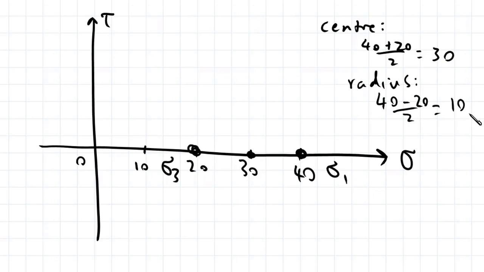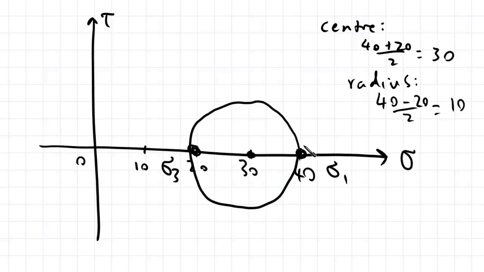And that gives us a radius of 10. So now we know what the center is and we know what the radius is. We can draw the Mohr circle. So obviously when you do this on paper, it's going to look a lot neater.